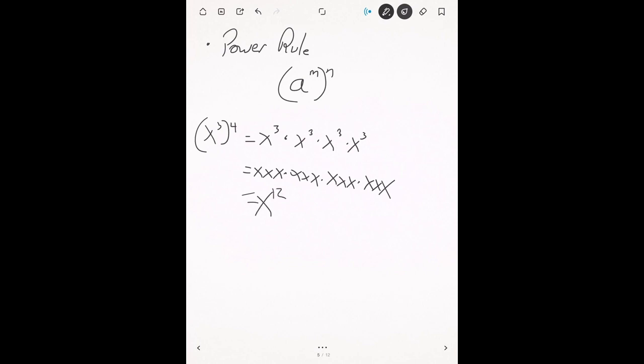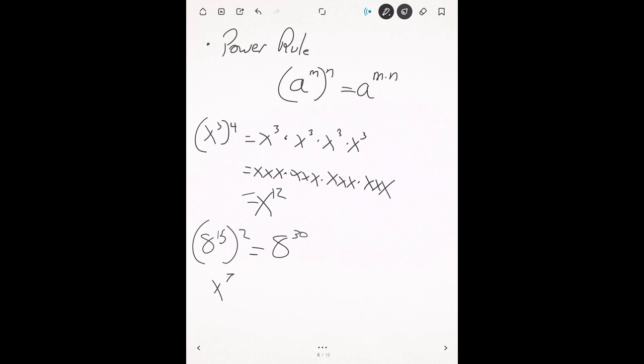So this rule says if you have an exponential expression raised to another exponent, all you need to do is multiply the exponents together. So for example, if I was working with really large numbers like 8 to the 15th squared, I could say that's 8 to the 30th.